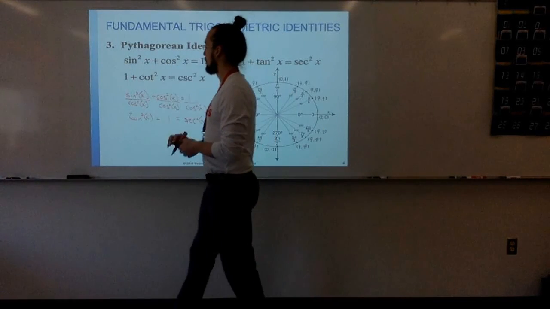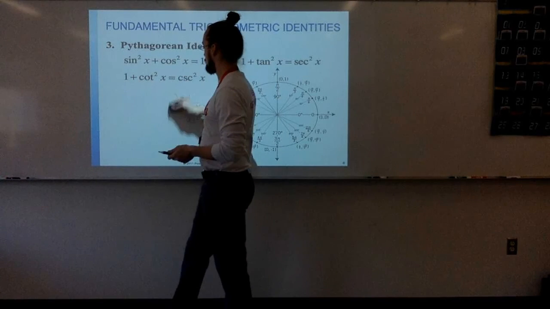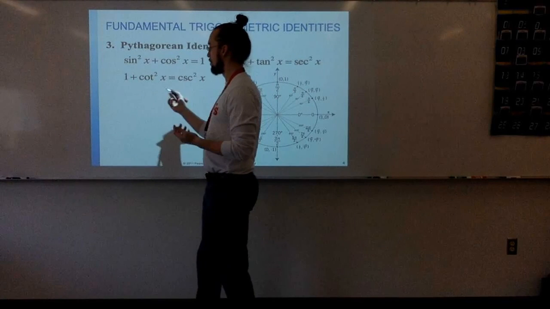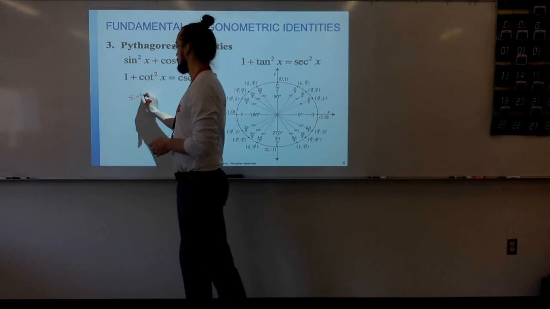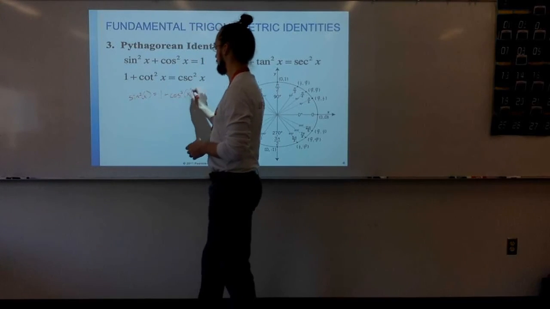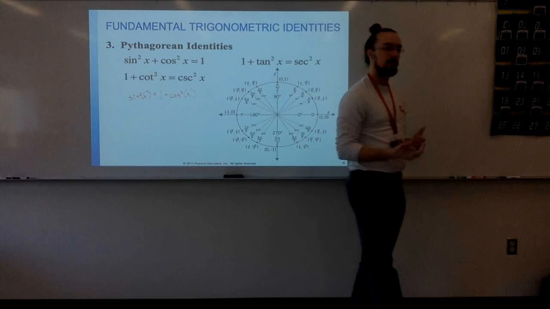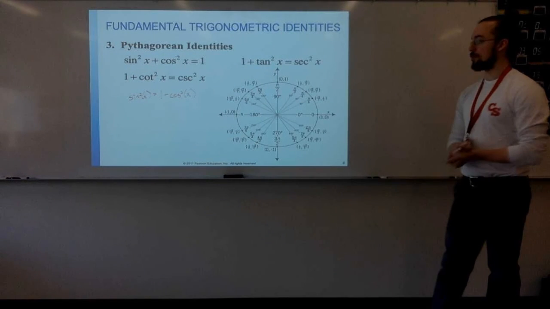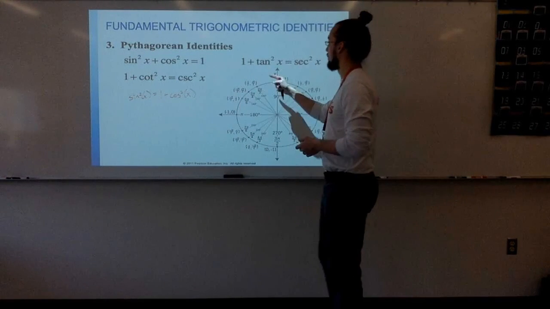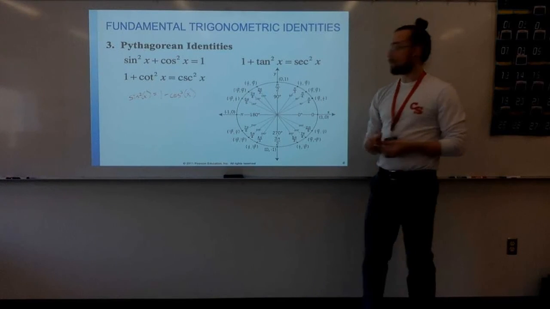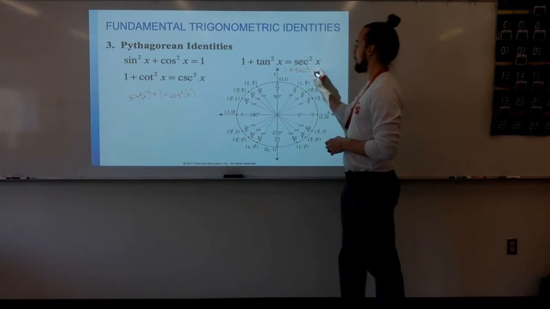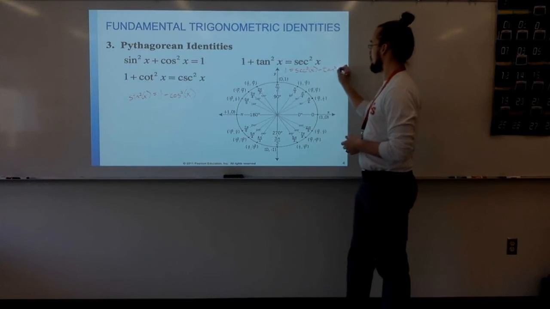For example, in this first one, sine squared plus cosine squared equals 1, I could subtract cosine squared to the other side and say, sine squared then is equal to 1 minus cosine squared of x. Those types of manipulations we will use in this chapter as well. For this one, I could subtract tangent squared over and end up with 1 equals secant squared of x minus tangent squared of x.